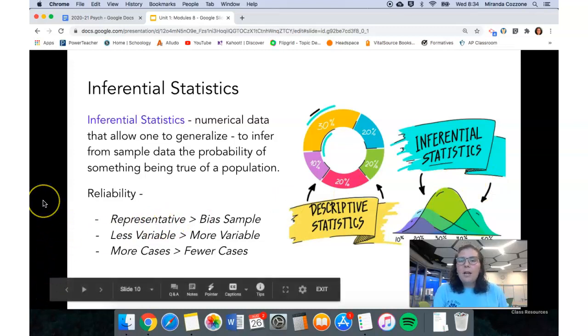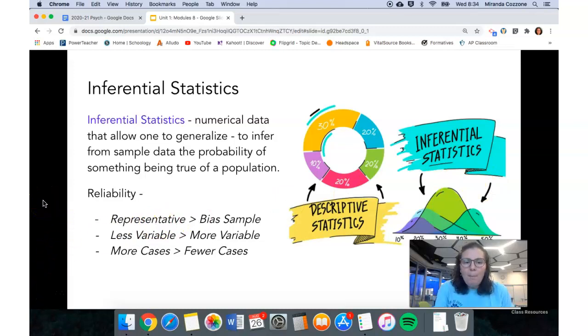All right, let's talk inferential statistics. So remember that inferential statistics are numerical data that allows us to generalize or infer from the sample data to the probability of something being true of a population. So that word infer with inferential statistics is really important, okay? And in order to apply inferential statistics to a population, they need to be reliable.